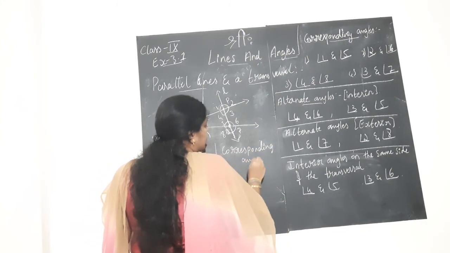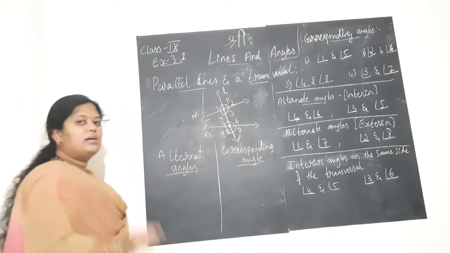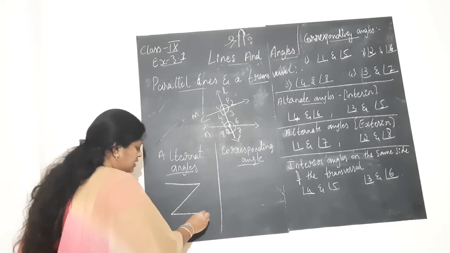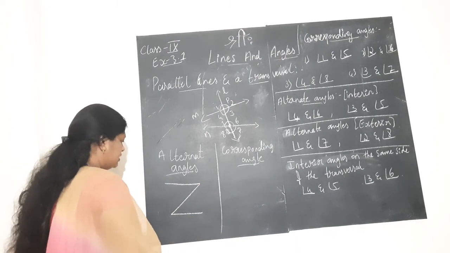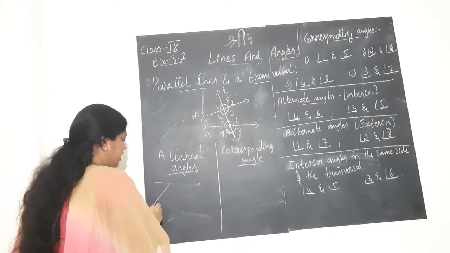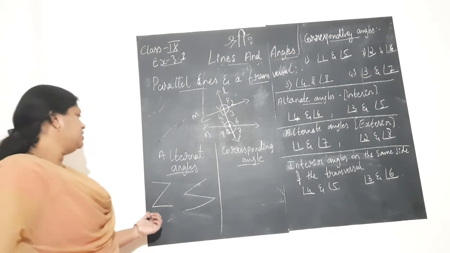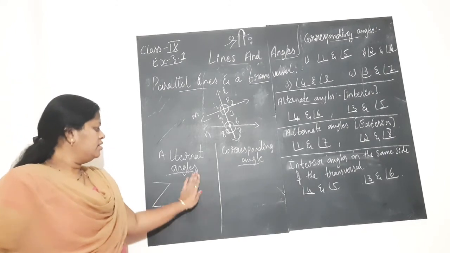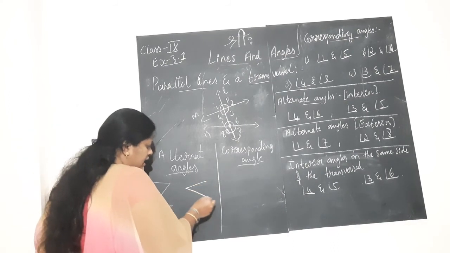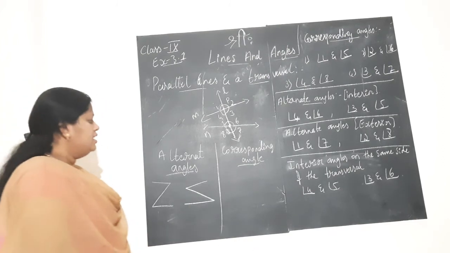Alternate angles and corresponding angles. Always keep in mind, children, alternate angles are Z-shaped angles. This is Z. Alternate angles are Z-shaped angles. It need not be a straight Z. If you write the mirror reflection of Z also, the angles formed here will be the alternate angles.